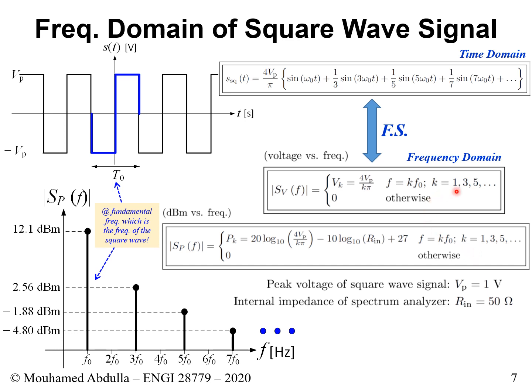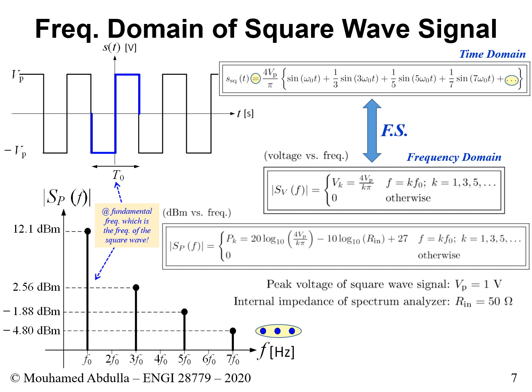Only odd numbers, 1, 3, 5, 7, 9, and so on. And the value of the power will diminish. If you see there is a specific pattern, the voltage contribution of each of these different harmonics is diminishing. It's going down. But it will go on forever.